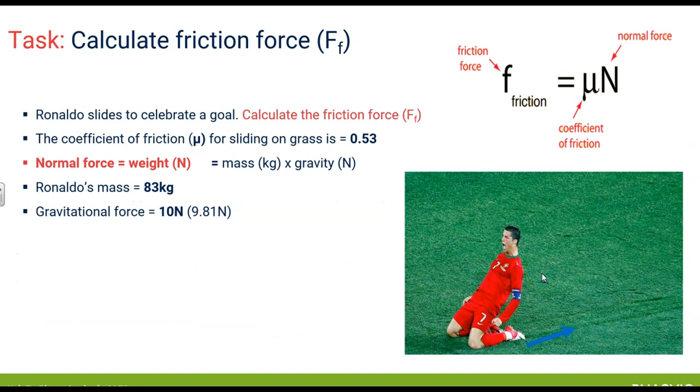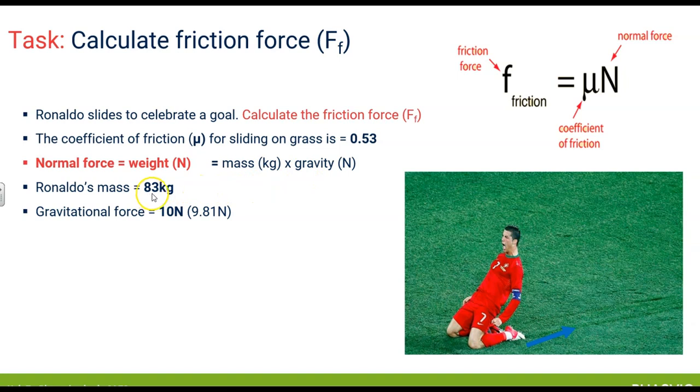Probably easiest if we have an example. So here's Ronaldo sliding to celebrate a goal, and we've got kinetic friction slowing him down as he slides. We want to know how much friction there is between his knee and the grass. The coefficient of friction for sliding on grass is 0.53, so mid-range. Remember, it's going to be between 0 and 1. We need to calculate normal force, so mass times gravity.